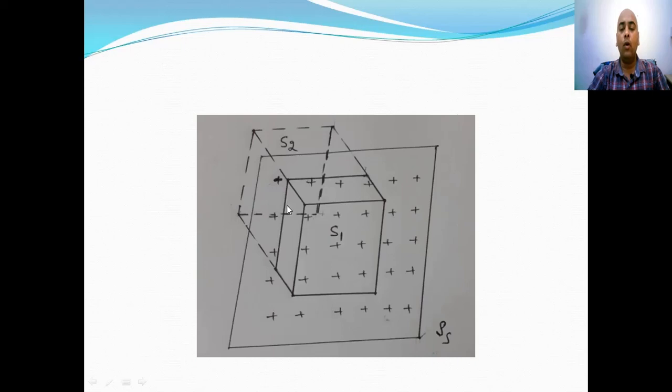The flux will not leave from the other surfaces because the angle between the electrical field and the area vector for all other surfaces will be 90 degrees. So E cos of 90 will become 0, that is, flux will only leave from surface S1 and S2.